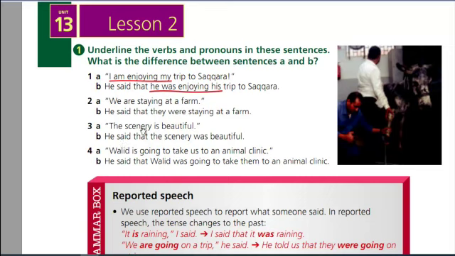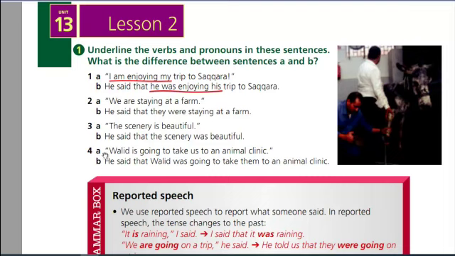In sentence number A, the verb here is is, but we don't have any pronouns here. In sentence B, he said that the scenery was beautiful. So the verb here is was, and there isn't any pronoun here.